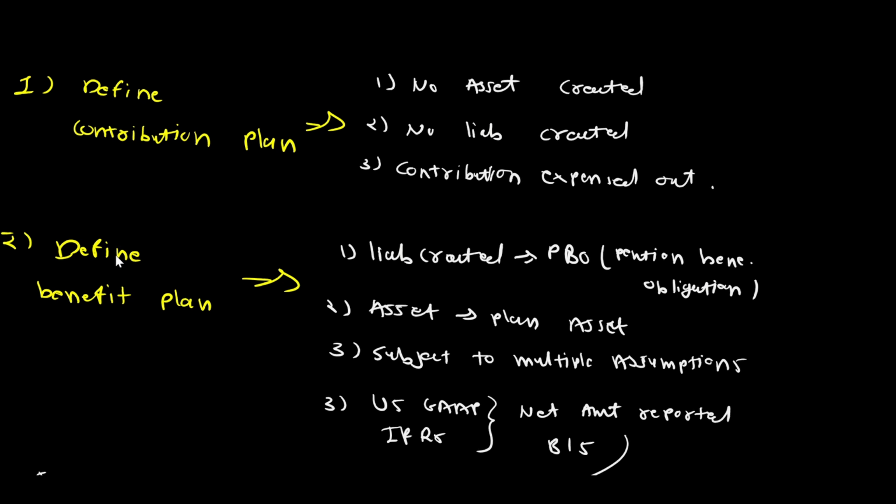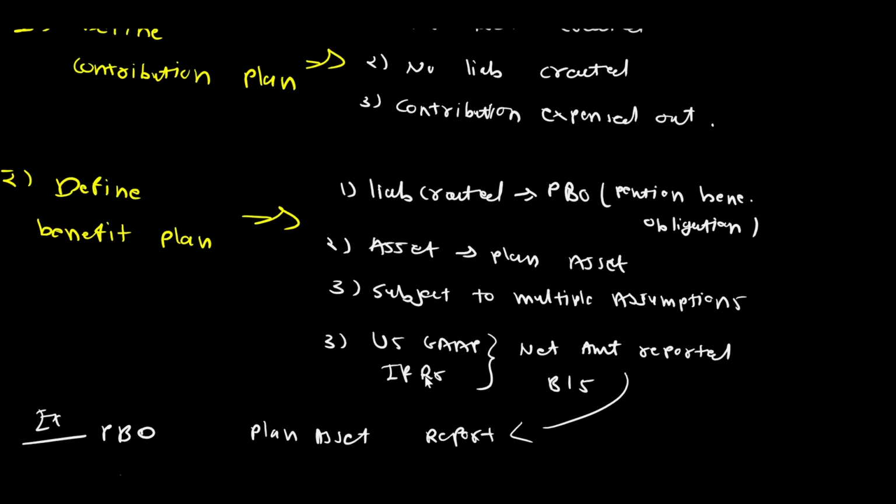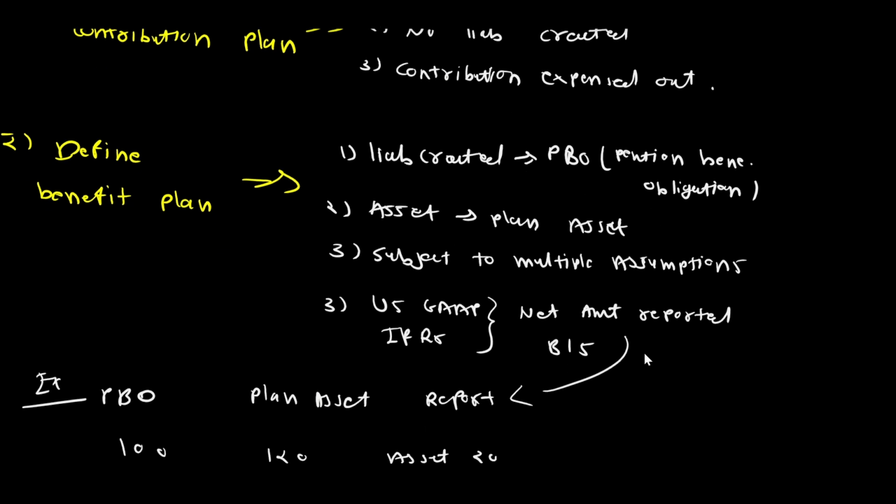Simple. In the defined benefit plan, a liability is created as a pension benefit obligation. An asset is created as a plan asset and is subject to multiple assumptions. Under US GAAP and IFRS, the net amount is reported in the balance sheet.